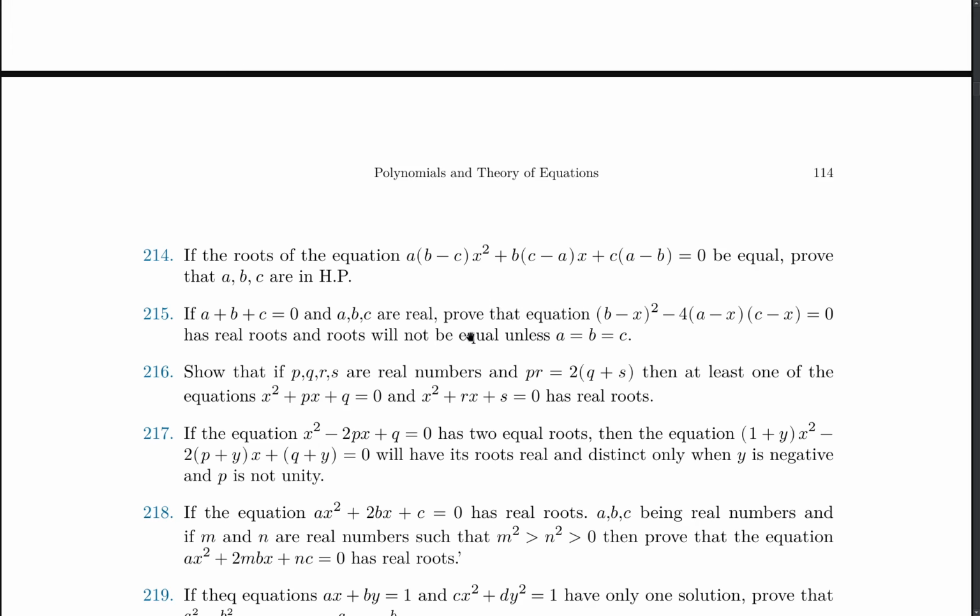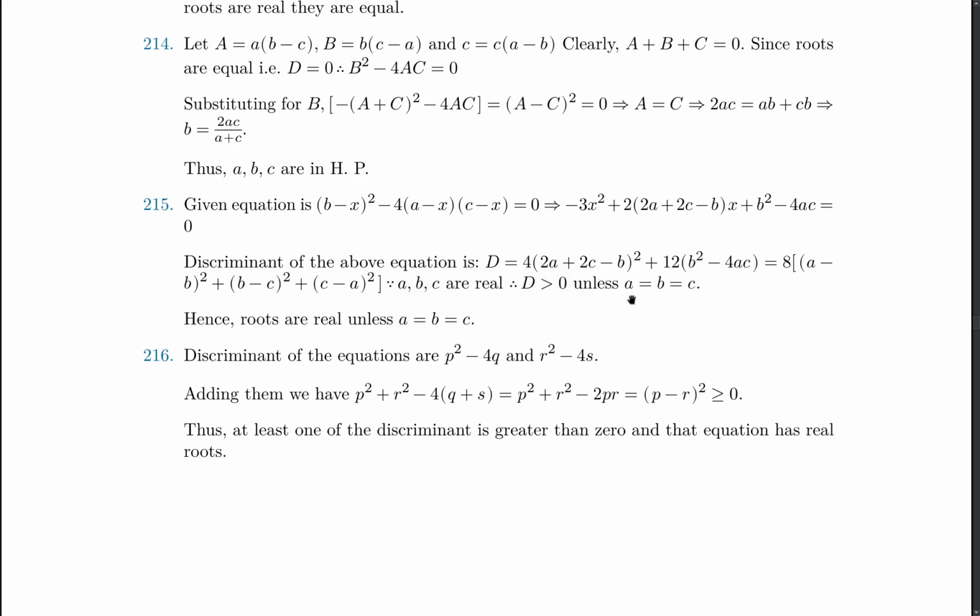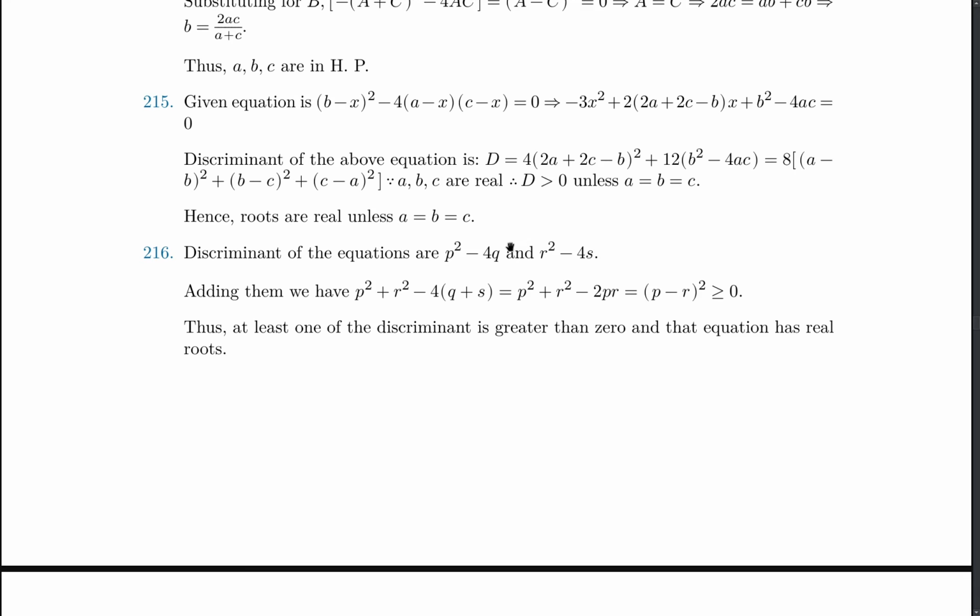Now we come to question 216. Show that if p, q, r, s are real numbers and pr is equal to 2 into q plus s, then at least one of the equations x square plus px plus q is equal to 0 or x square plus rx plus s is equal to 0 has real roots. So the respective discriminants are p square minus 4q and r square minus 4s.